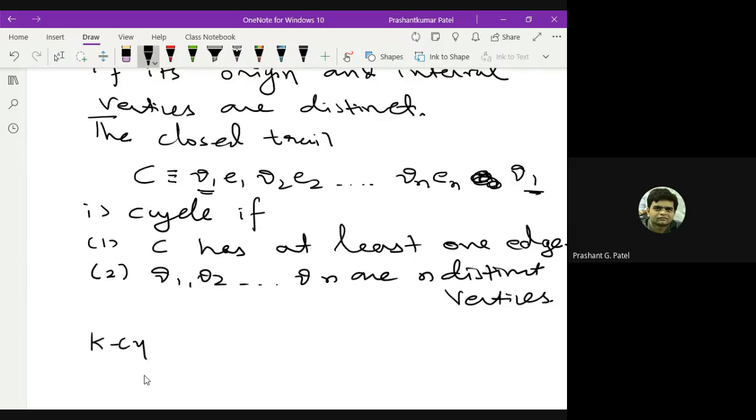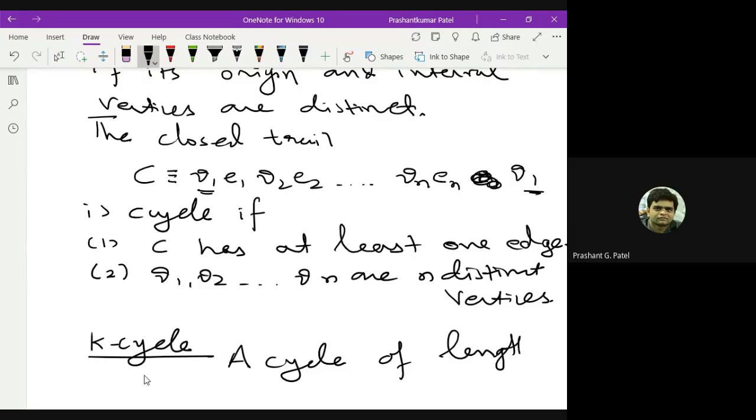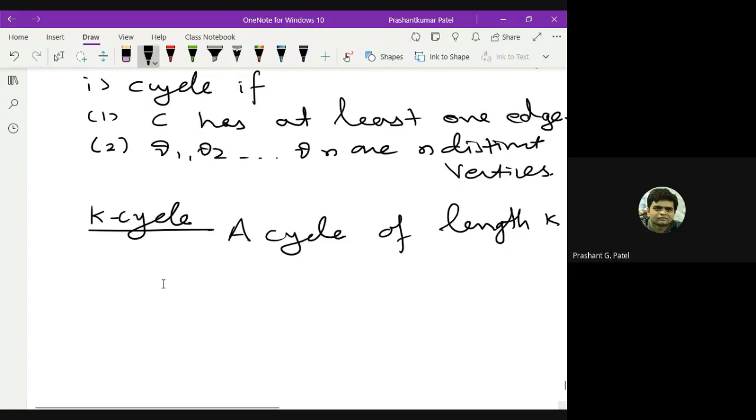A k-cycle: I will give you an example of a cycle in a minute. A cycle of length k is called a k-cycle.